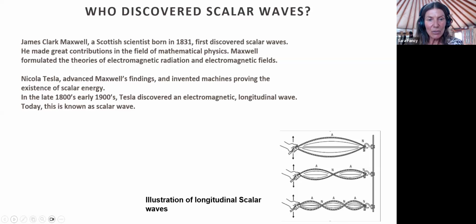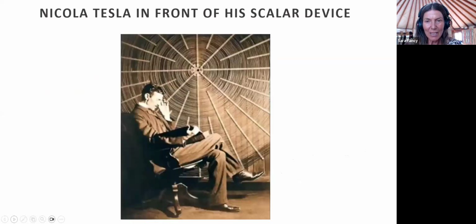In the late 1800s, early 1900s, Tesla discovered an electromagnetic longitudinal wave. Today, this is known as scalar wave. So on the right here on the bottom, you'll see examples of scalar waves. And there he is, Nikola Tesla, in front of his massive scalar device.